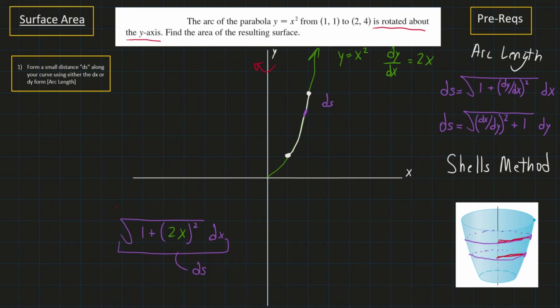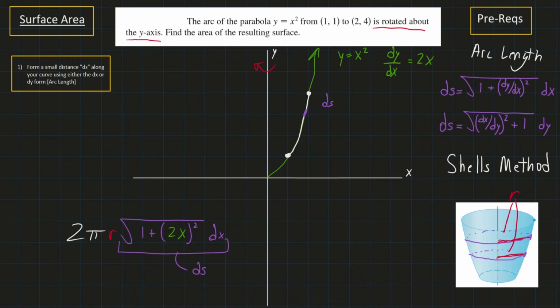So I want to take this ds here, and multiply it by 2 pi r, where r is that radius I'm using to revolve that purple ds around my y-axis.